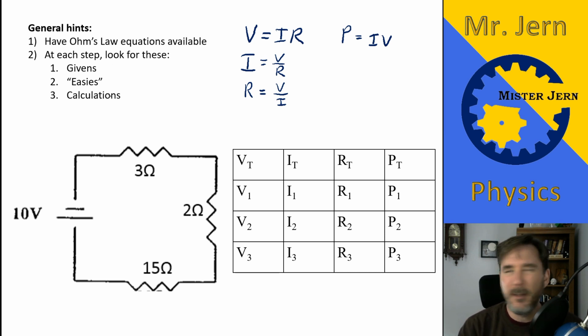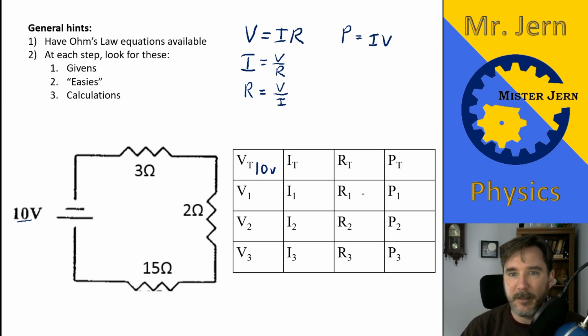They're not really steps because you're going to be cycling through them as you go. Start by looking to see what givens there are. The one big obvious one is the 10 volts. That's the total voltage, 10 volts. Another given is 3 ohms. We'll just go clockwise in order right here.